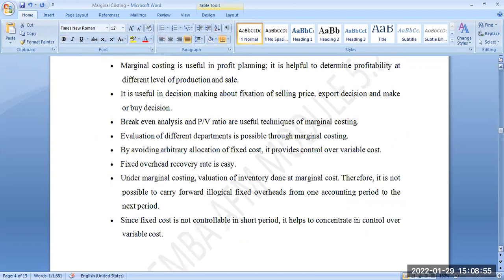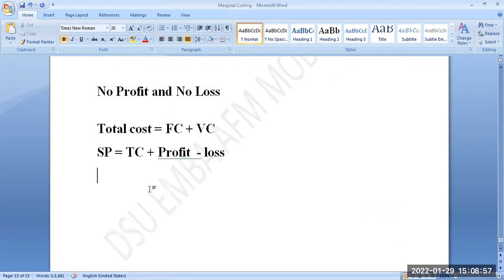Okay, now tell me, at the time of break-even point, what is the relationship between fixed cost and contribution? Both will be equal.